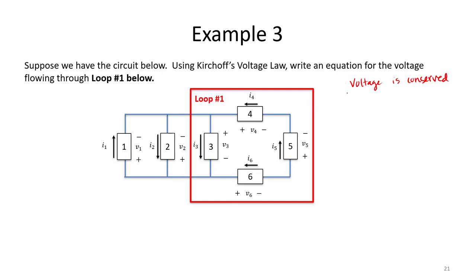And so the sum of the voltage rises and drops around any closed loop, the sum must be 0.